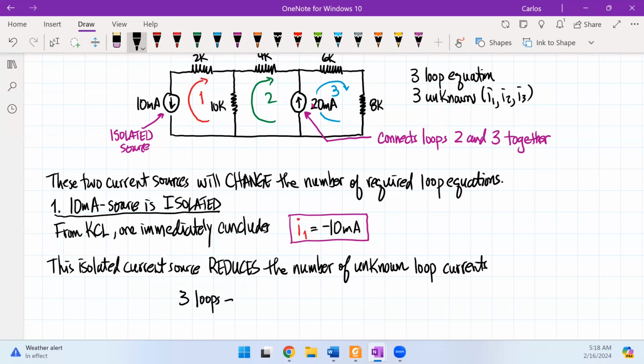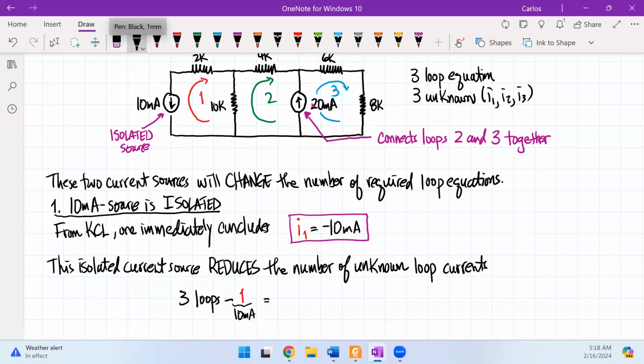Now I'm going to subtract one of these, and this one is due to the 10 milliamp source. So it's reduced that.